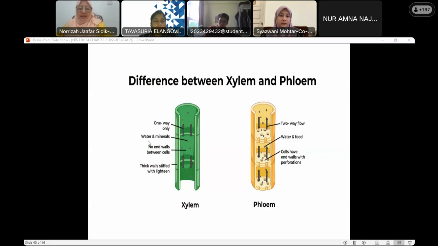The xylem transports the water and minerals, whereas the phloem transports the food, the product of the process of photosynthesis. There is no end wall between the cells in xylem, whereas in phloem, the cells have end walls with perforations, and thick walls stiffened with lignin.